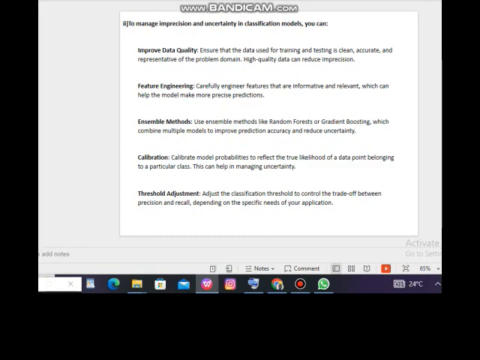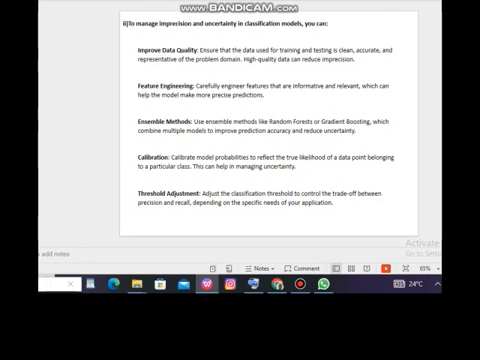These are ways to manage imprecision and uncertainty in classification models. One is to improve data quality. Ensure that the data used for training and testing is clean, accurate, and representative of the problem domain. High quality data can reduce imprecision. Feature engineering. Carefully engineer features that are informative and relevant, which can help the model make more precise predictions.